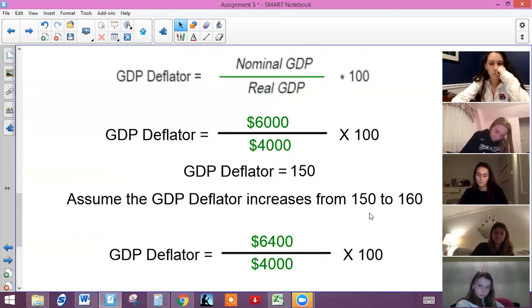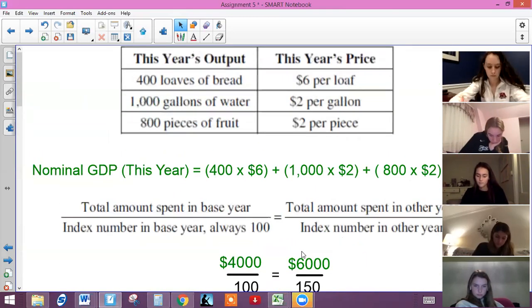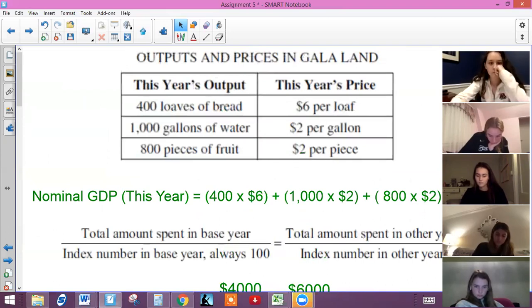Well, in order for that to work mathematically, now our GDP this year has to be $400 higher, which means that the prices up here all have to be a little bit higher in order to get 6,400 here instead of 6,000.